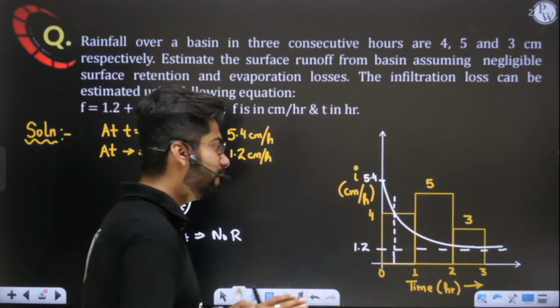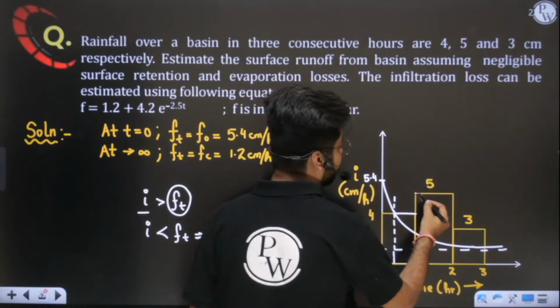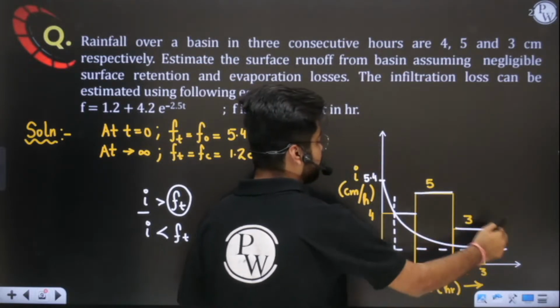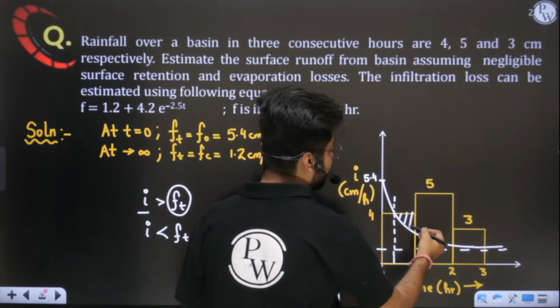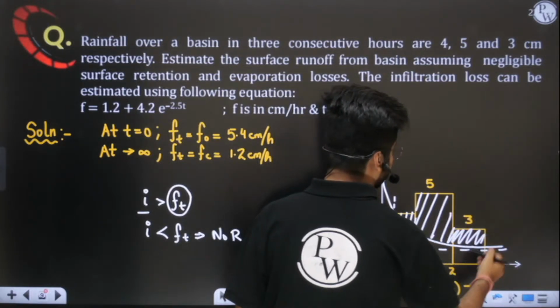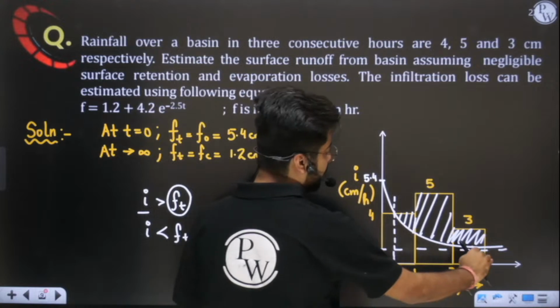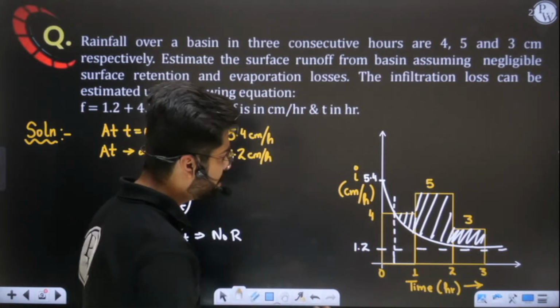But if you go ahead of this time, you will see that you have more rainfall than infiltration. So this area will give you the runoff part, and the area below this graph will give you infiltration. Simple. This we have already understood.